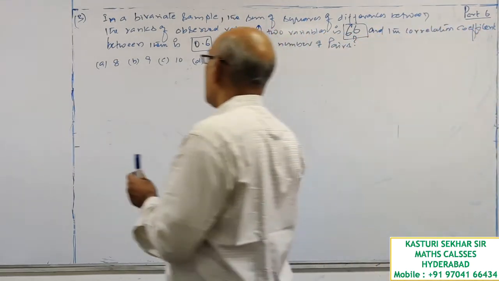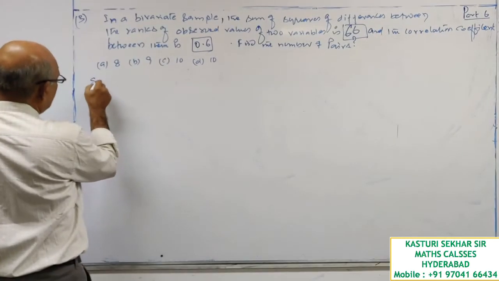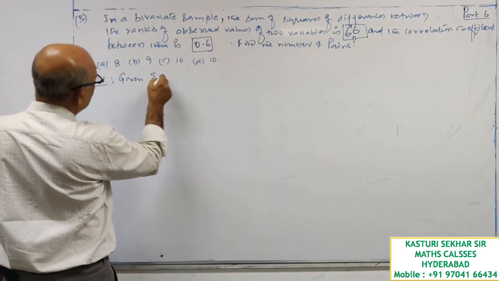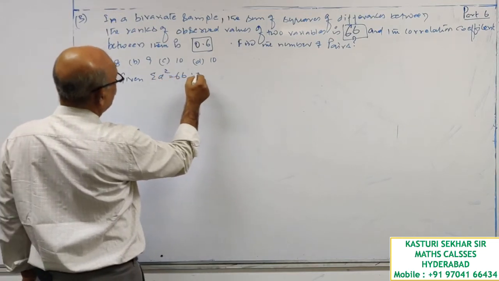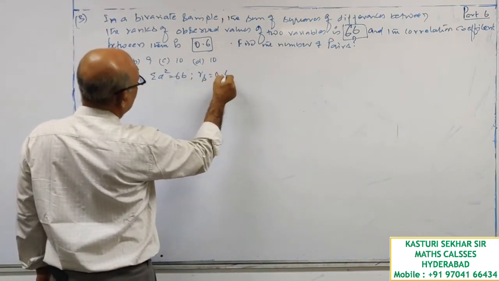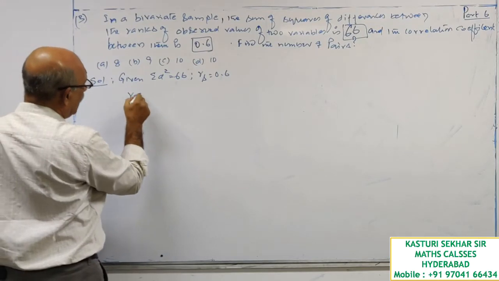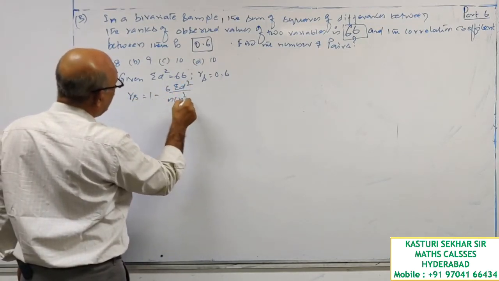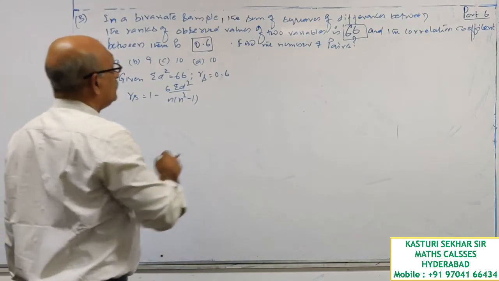Now sir, look at the solution. Given: summation of d square is 66, Rs is equal to 0.6. Rs is equal to 1 minus 6 summation of d square by n into n square minus 1.